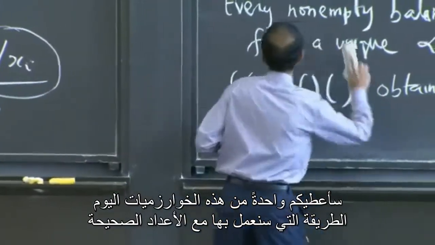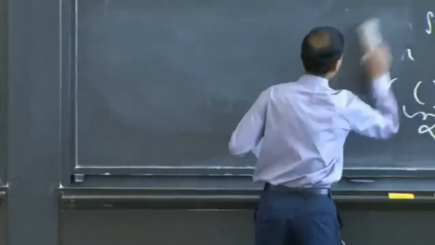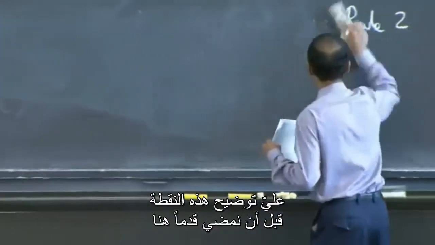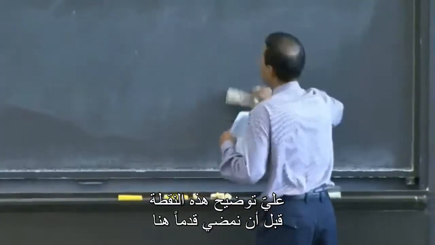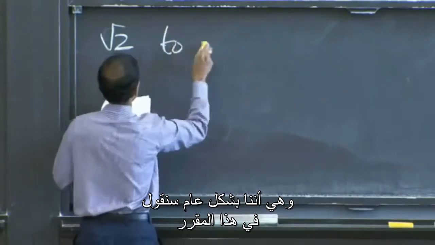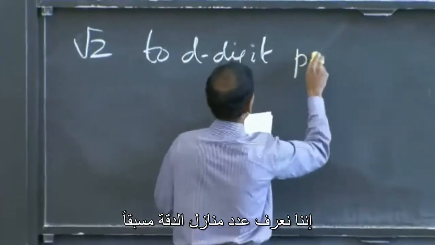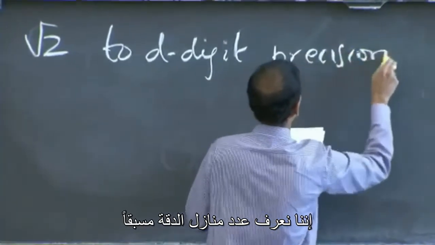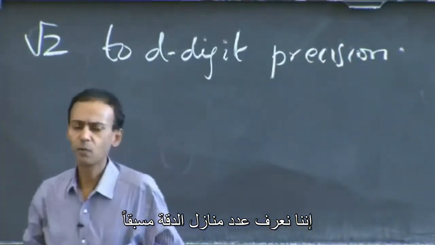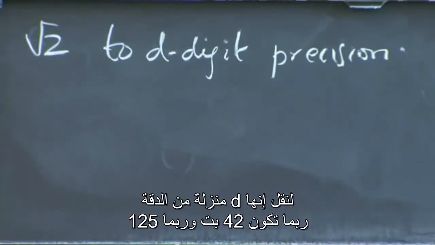So the way we're going to work with integers, one little point that I need to make before we move ahead here is generally we're going to say, for the purposes of 006, that we know the digits of precision up front. Because if you want d digits of precision, maybe it's 42, maybe it's 125.